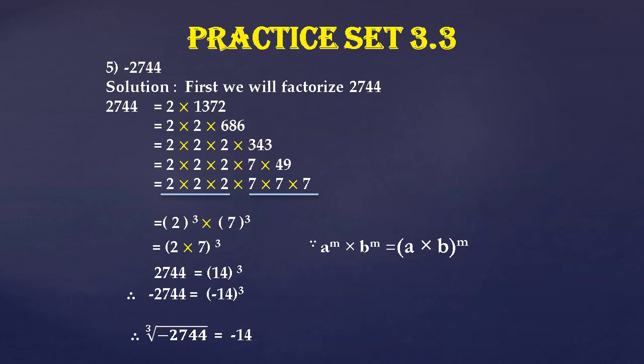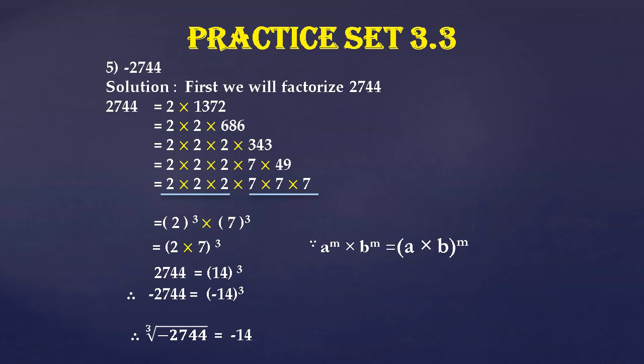That is equal to 2 into 2 into 2 into 343, which is equal to 2 into 2 into 2 into 7 into 49. Further, 49 can be expressed as 7 into 7.